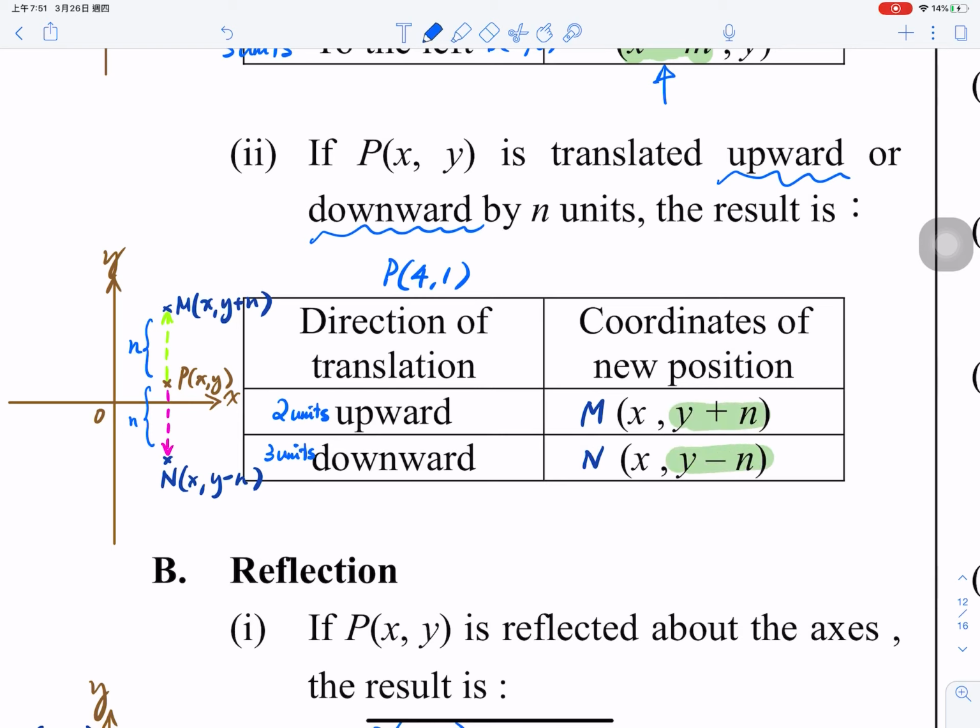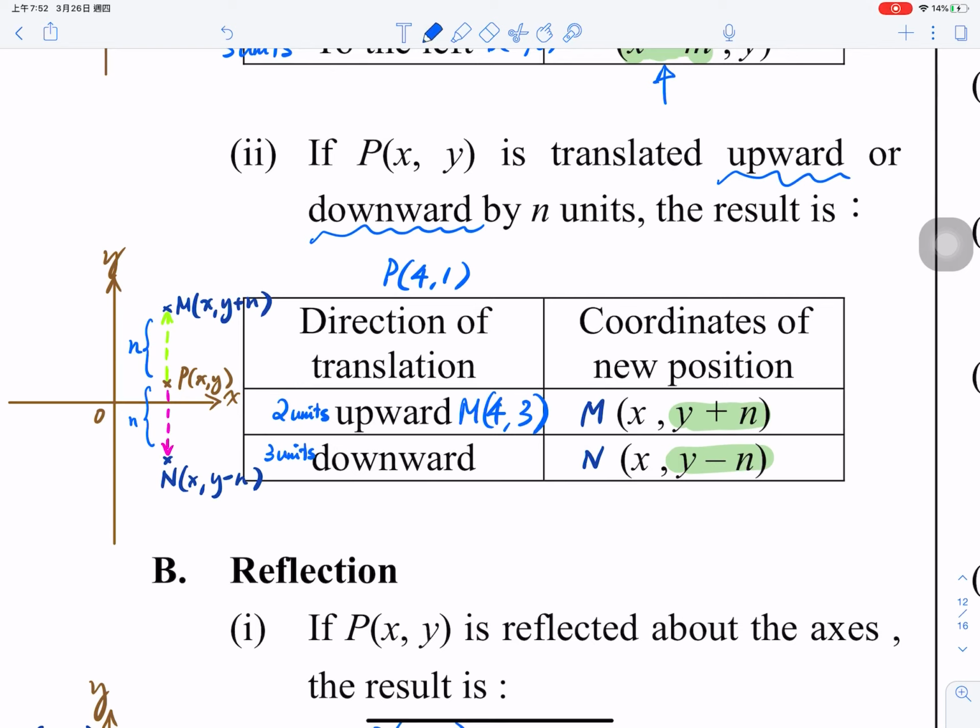Okay, let's see. We'll have an example here. P now is (4, 1). Okay, then upward 2 units. That means the coordinates of M are, x is not changed, because now it's 4. (4, 3), right? Because 1 plus 2 becomes 3.